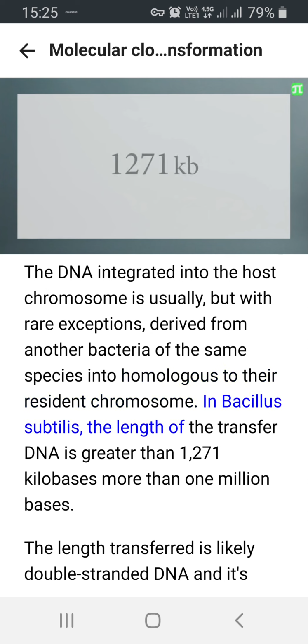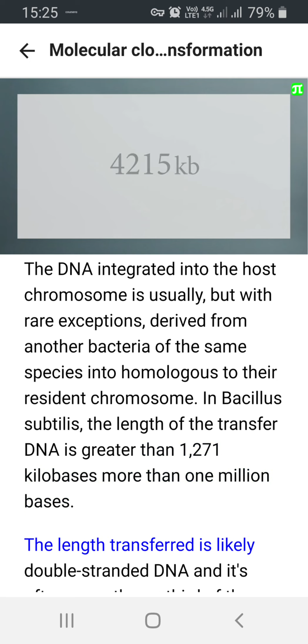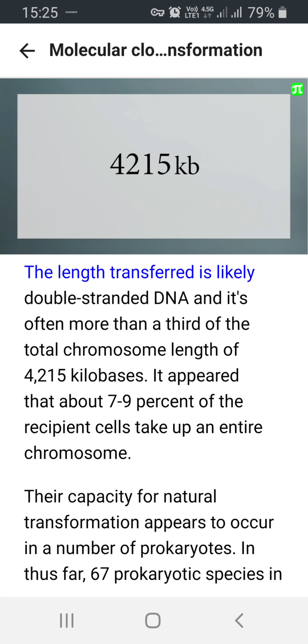In Bacillus subtilis, the length of the transferred DNA is greater than 1,271 kilobases, more than 1 million bases. The length transferred is likely double-stranded DNA and is often more than a third of the total chromosome length of 4,215 kilobases.